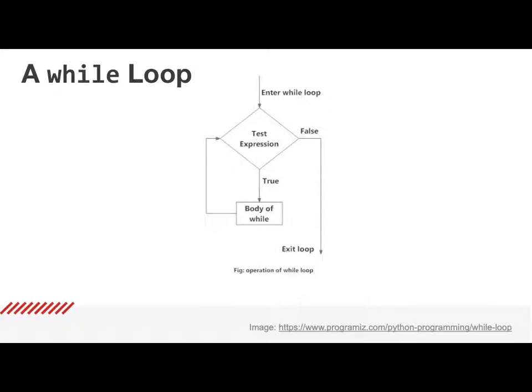So this is what we do here. This is where we begin. If the password is false, so this is true, or yes, and this is false, which is a no. So if the password is not correct, we ask to enter the password again.